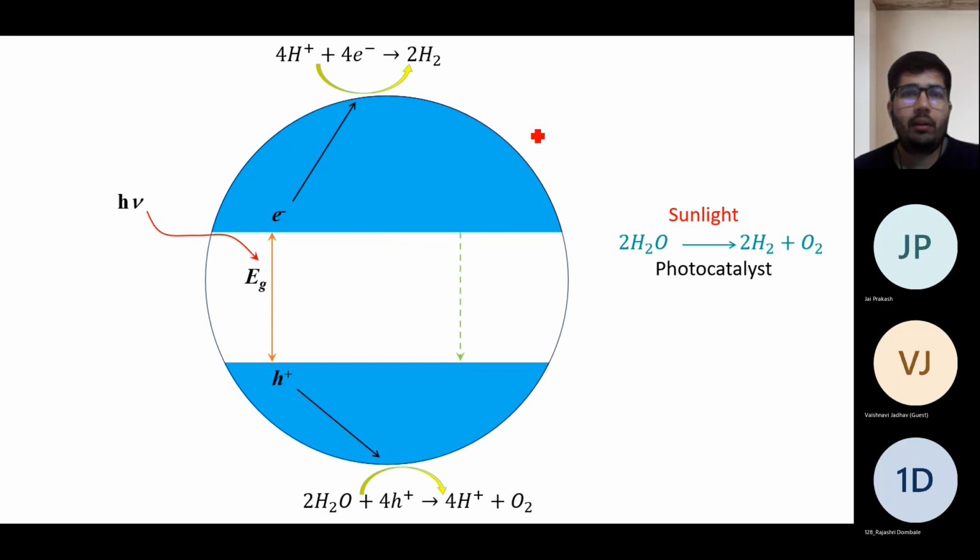Suppose this is a particle of semiconductor material. Then certainly it will have a band gap value Eg, as we have covered in our previous classes.